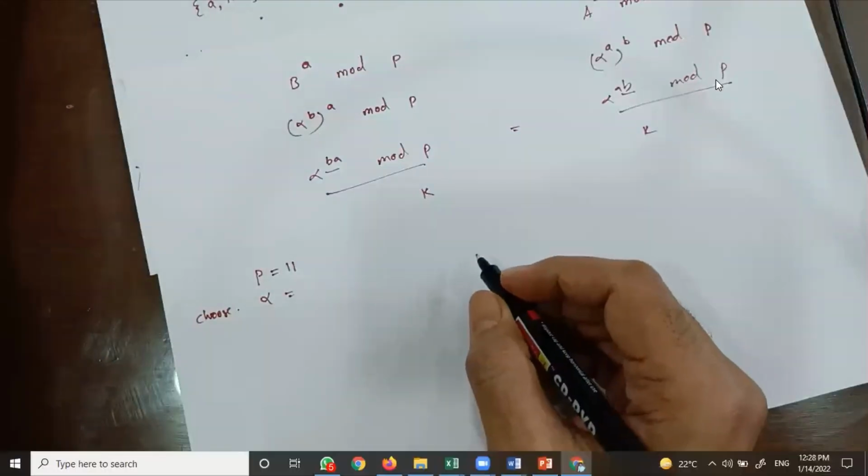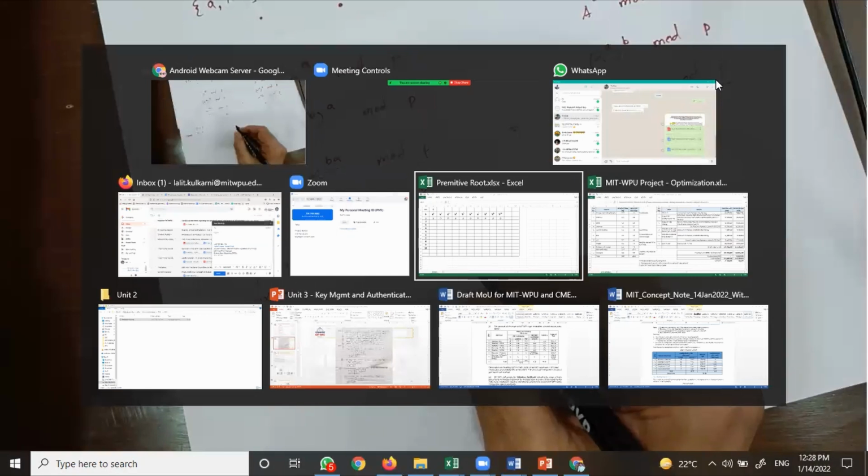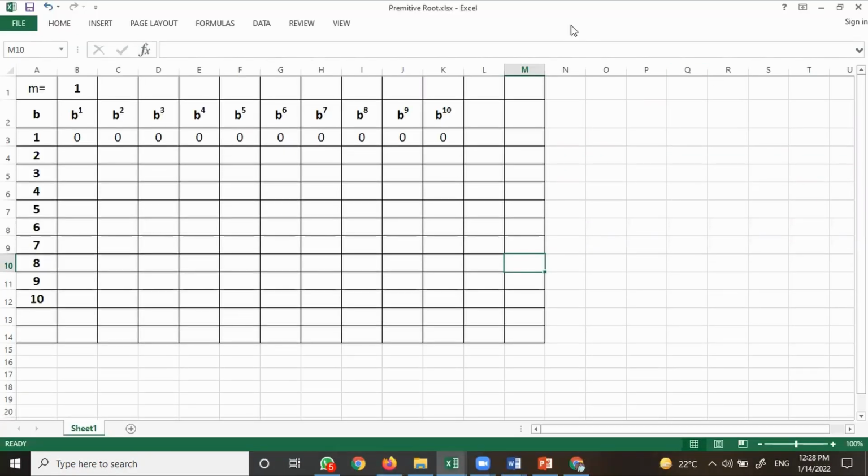Okay, so let me pull out the Excel sheet that we have seen already. The value of m is 11. Okay, if you remember, what we have done is we have to consider all the values here for b 1 to 10, and then we have to take the exponential b raised to 1, b raised to 2, b raised to 3, and so on till b raised to 10. That is p minus 1. And we have to take the mod operation.